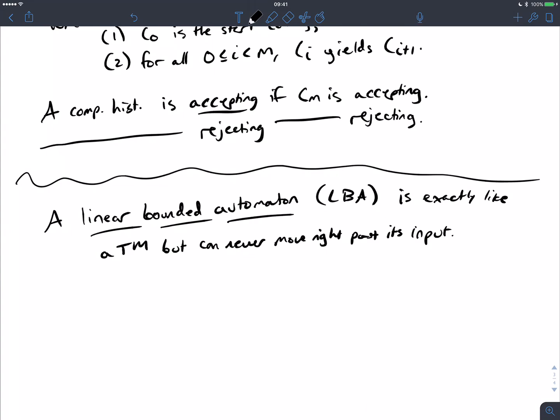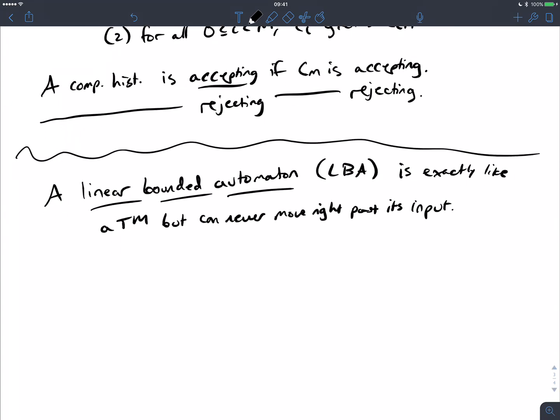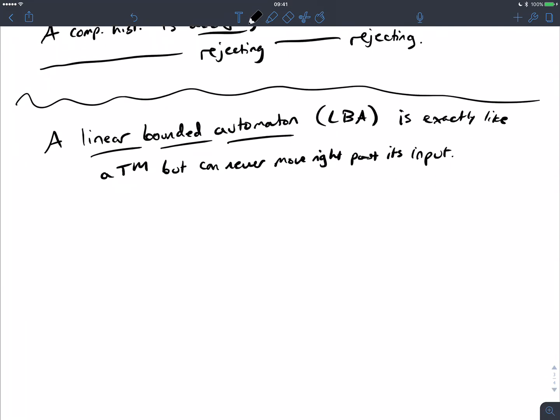If you try to go right, you bounce off the right-hand end of the tape, but that actually won't matter in this part. Now I'm just guaranteeing you'll never move past the right-hand end of the tape. But it's deterministic, single tape, exactly the same, no differences, other than the tape being cut off at the end.